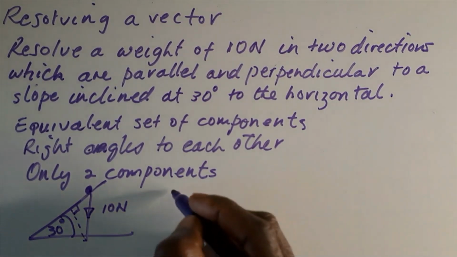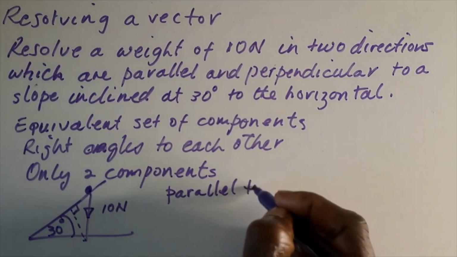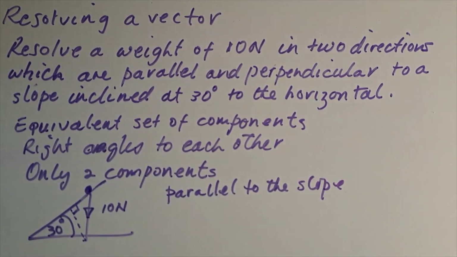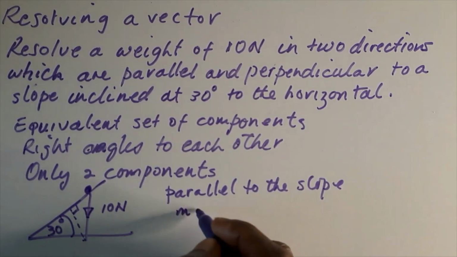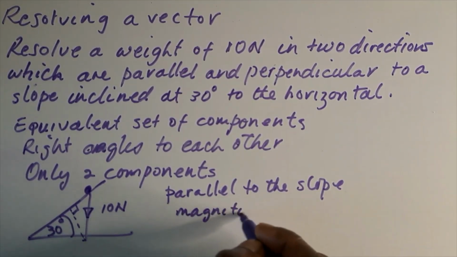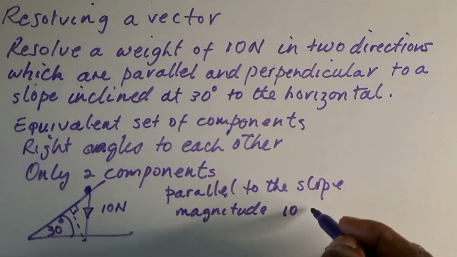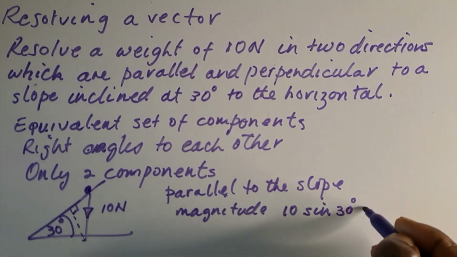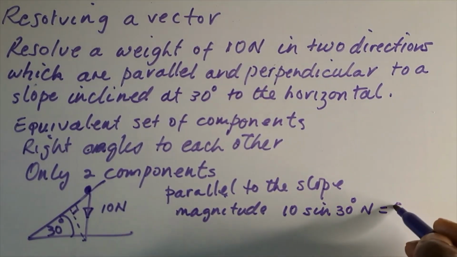Now, if we resolve parallel to the slope, we have that the magnitude of that force is 10 newtons sine 30 degrees, which is 5 newtons.